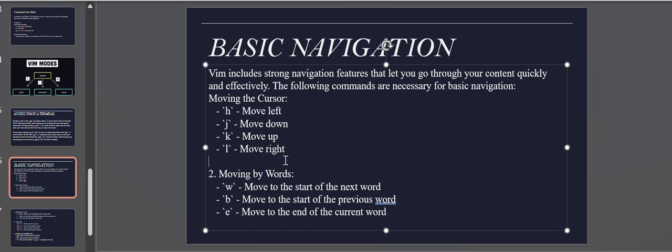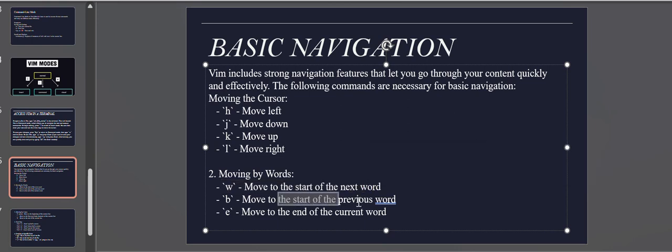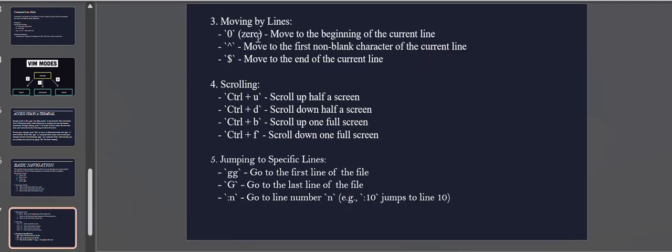Moving by words: W is used to move to the start of the next word, B is the start of the previous word, and E is the end of the current word. And moving by lines: 0 moves to the beginning of the current line, caret moves to the first non-blank character of the current line, and dollar moves to the end of the current line.